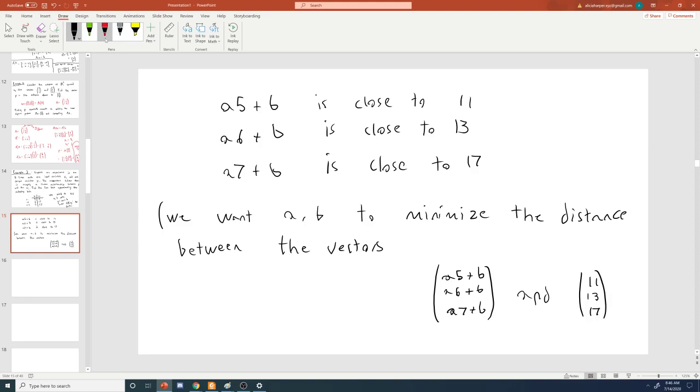So, as you probably might suspect, this is exactly a least squares problem, and we can understand it as such.